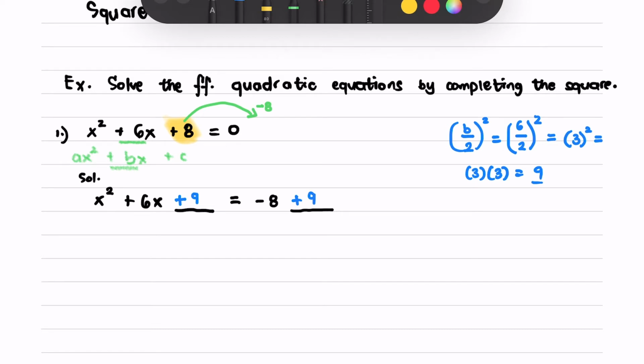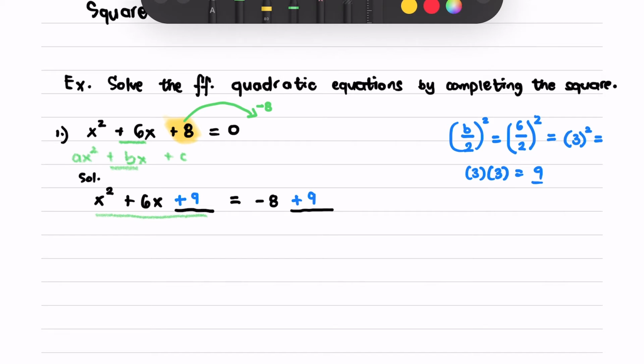Okay? Next niyan, dito sa left side, meron na tayong perfect square trinomial. When we say perfect square trinomial, factorable siya. And perfect square, yung ating constant.